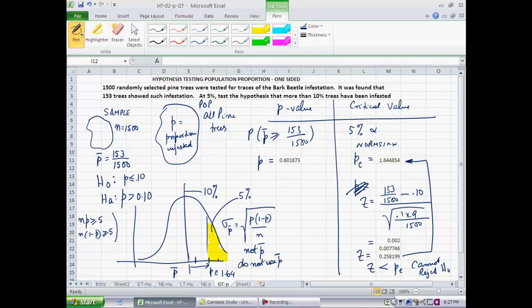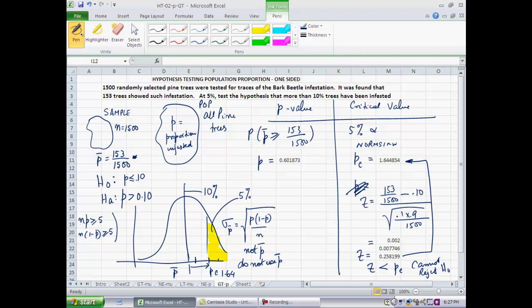Okay, so a very high chance, a very high likelihood, 60% probability that I would get this sample statistic purely by chance. So there is too high a likelihood that this sample statistic that I'm observing occurred by chance. It's highly likely that it would occur purely randomly, not because of the null being false. So I'm highly uncomfortable rejecting the null in this case.